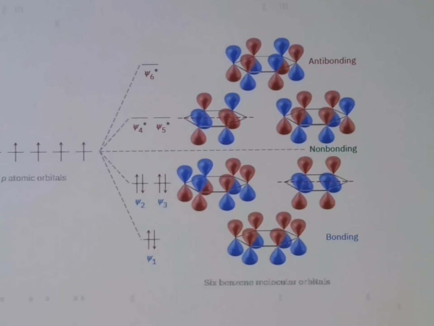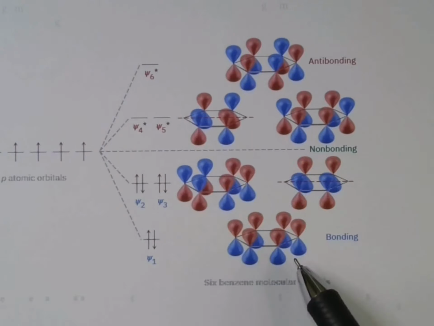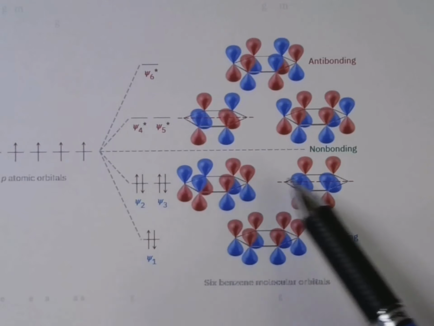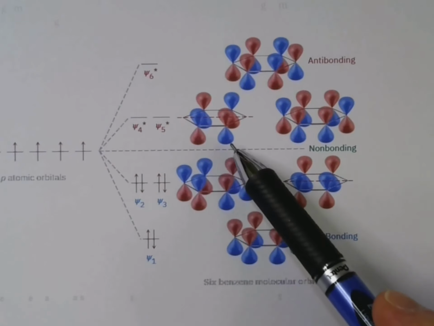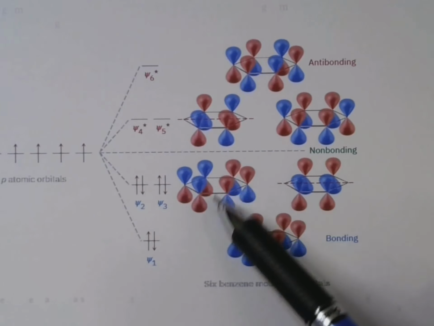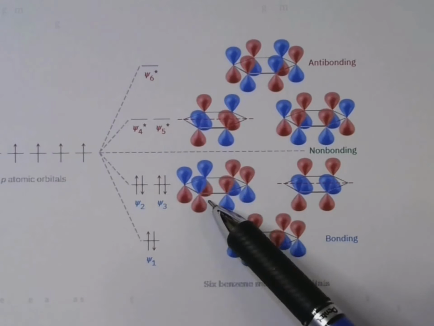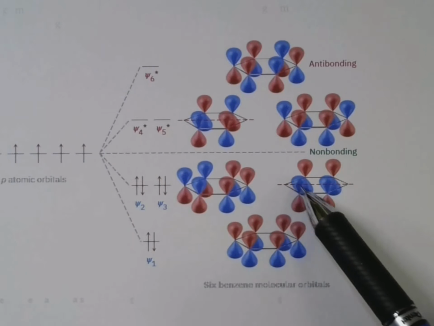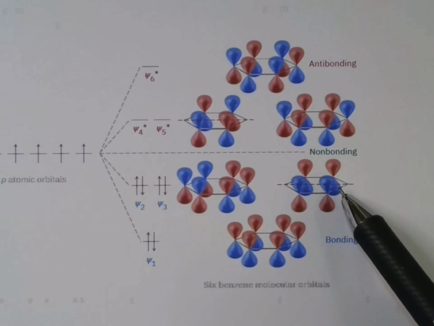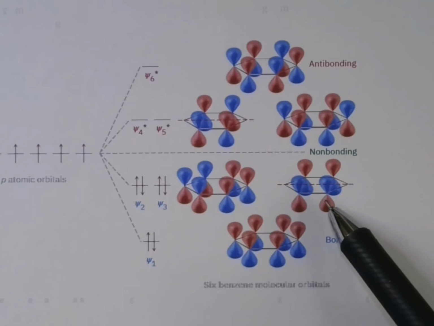All of our constituent p orbitals have the same phase. Next up, we have 2 equivalent energy degenerate orbitals. One has a node going this way, the other has a node along the middle intersecting 2 of the carbon atoms. And so we have no electron density there, and we have the phase change across the node.